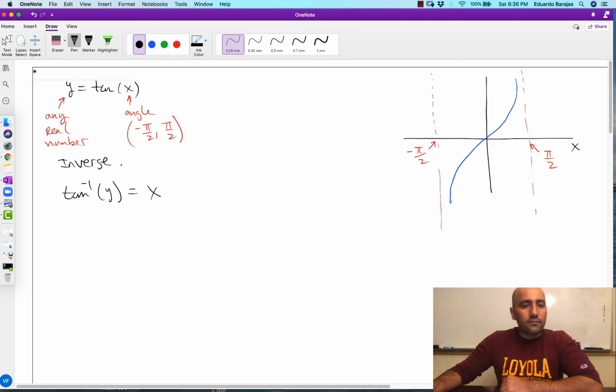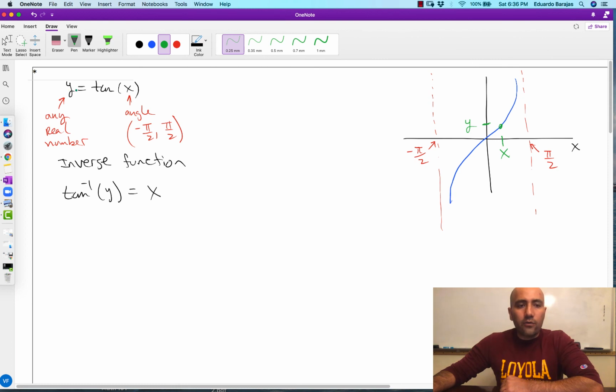Inverse function. So we go backwards. For example, if there is some x value here, let's call it this guy right here, and it maps up to some value there, y, some xy. Normally we put tangent of x, which is some angle, gives you some y.